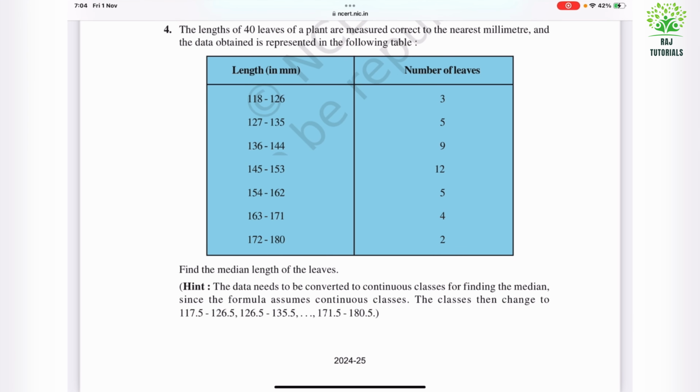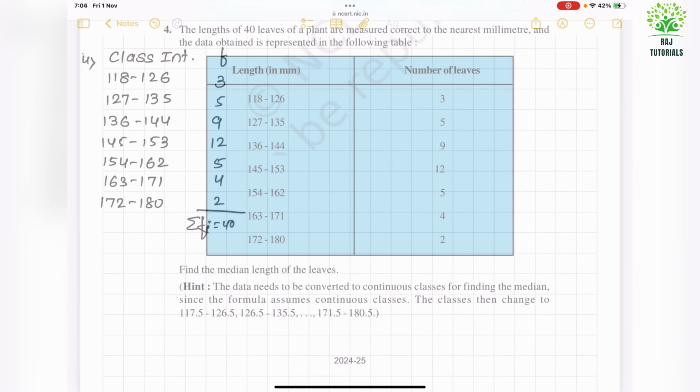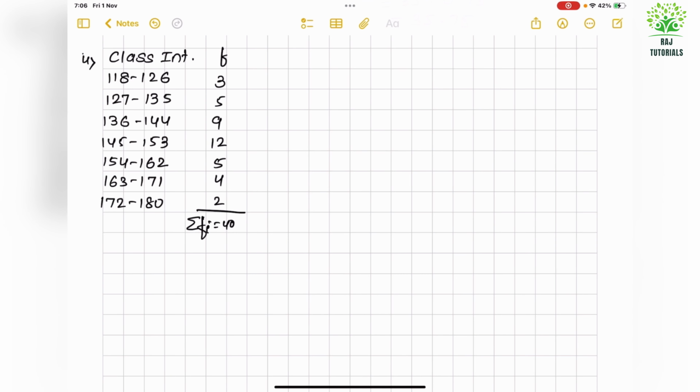Then the fourth one is given: the lengths of 40 leaves of a plant are measured correct to the nearest millimeter, and the data obtained is represented by the following table. Find the median length of the leaves. So first I will need to make the class intervals continuous.